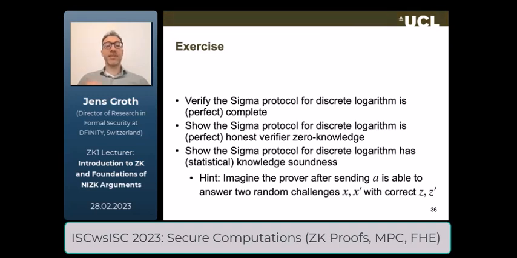Can you simulate this proof without having the witness? And then finally look at whether it has knowledge soundness. A hint here is: imagine the prover has sent A. If the prover is going to be successful in convincing the verifier, then it should be able to answer a challenge. And maybe we could send it multiple challenges and have it answer many of those challenges.